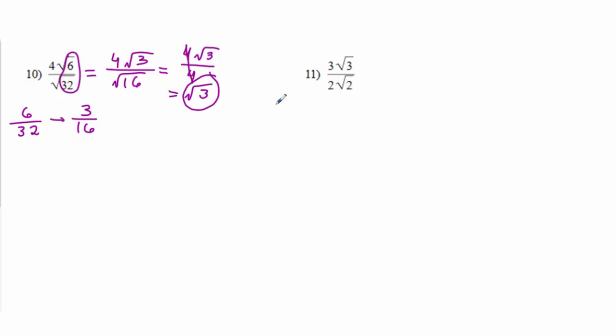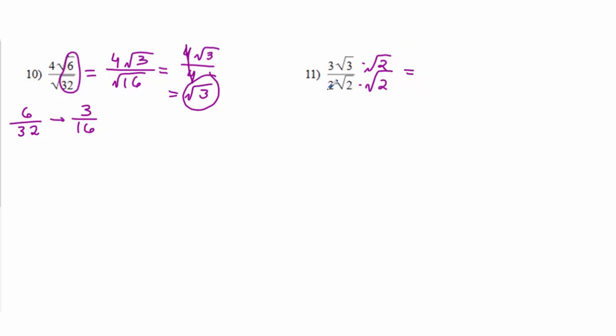If you can't, or if you don't remember to do that, to get the square root off the bottom, like on 11, you need to multiply by the square root that's on bottom, on the top and bottom. Okay, so the square root of 2, we multiply on the top and the bottom. If you wanted to, you could multiply by 2 square roots of 2, and it would still end up giving you the same answer. But the easiest thing is just to do the square root of 2.